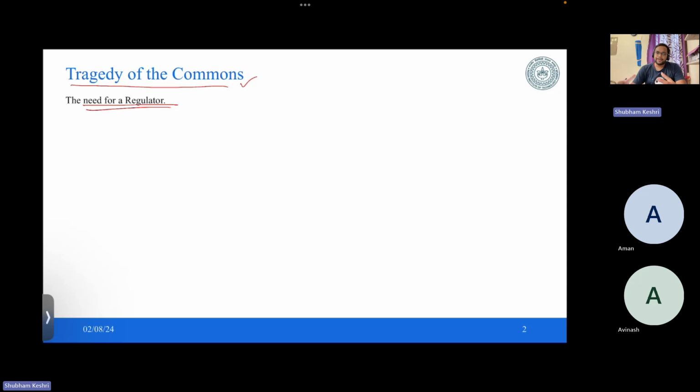So the more people consume that resource, the resource becomes scarce, and in that way, there is a game being played between the players, how much resource one should use. I will just go through the whole problem once again, and then we will discuss why there is a need for a regulator. And when we have discussed the concept of this game, then we'll move on to a problem on this concept. All right.